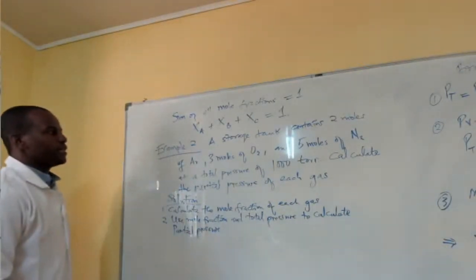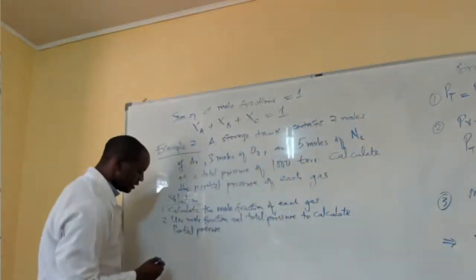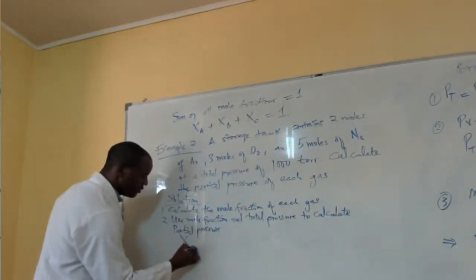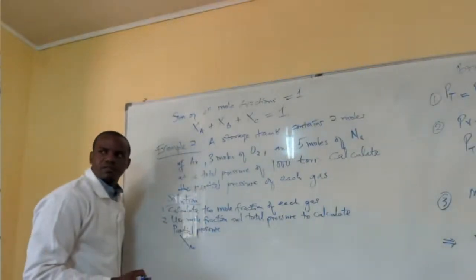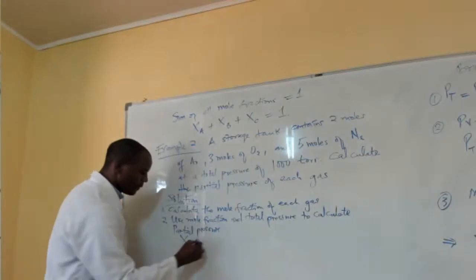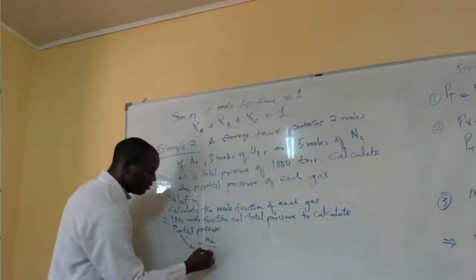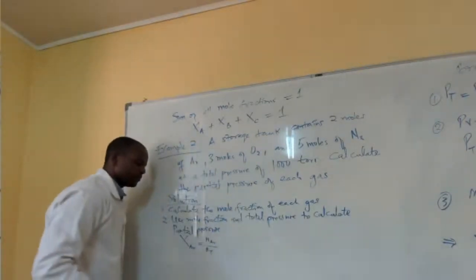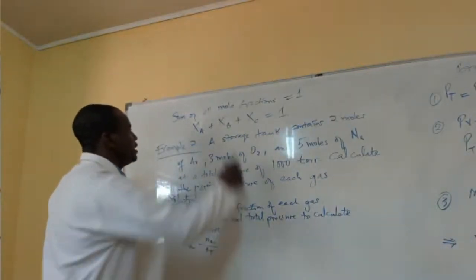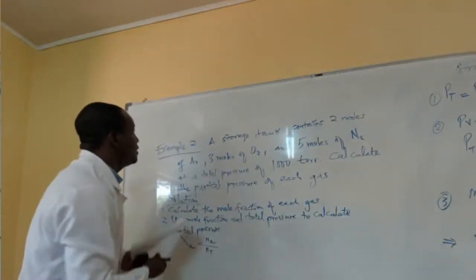So we start with the first gas that is given, which is argon. So we are saying the mole fraction of argon. So the mole fraction of argon is equal to the number of moles of argon divided by the total number of moles, which is NT. That is the mole fraction. So here, remember that the number of moles is given.